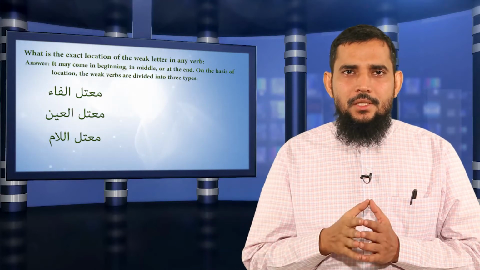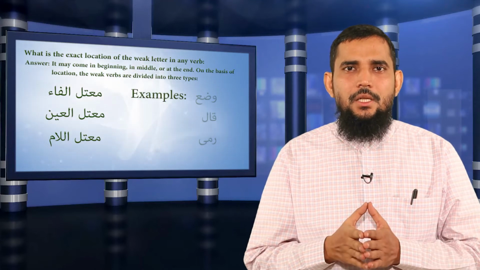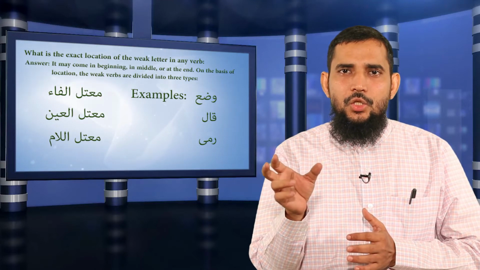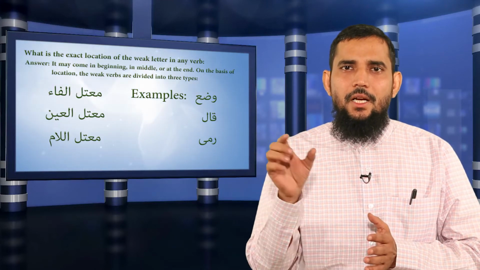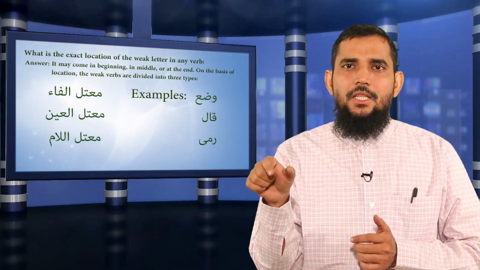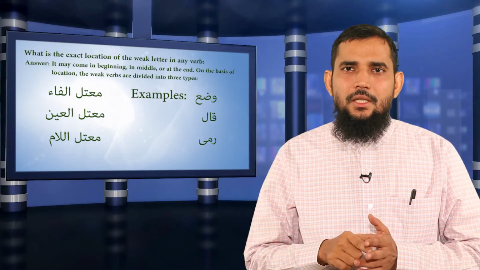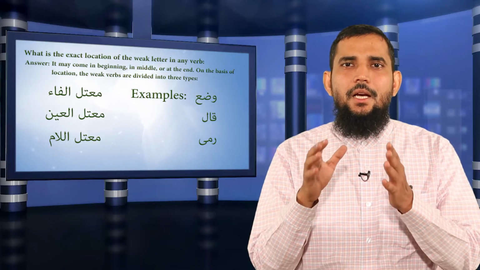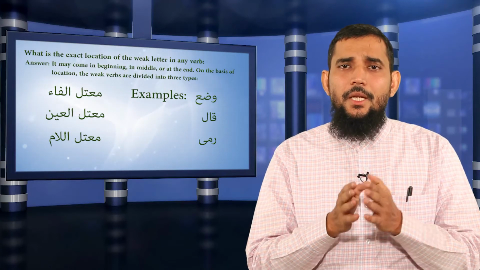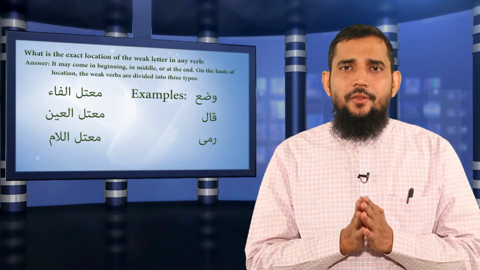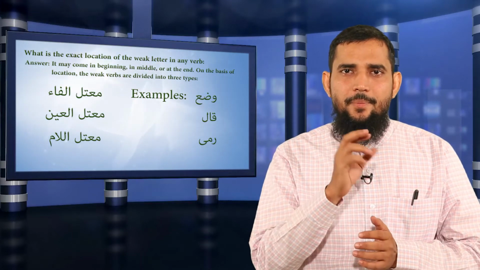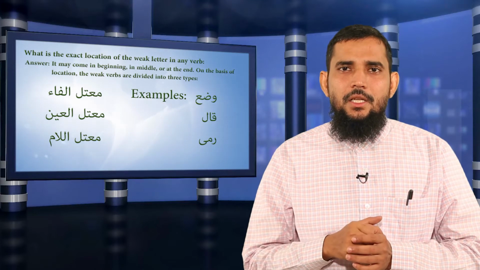Should I give you examples? Yes, sure, I'll give you examples. Waza'a, to keep, to put something somewhere. Waza'a, waw, dad, ain. So waw is a weak letter, and it is coming at the beginning of the verb, meaning the first radical is a harf al-illa, a weak letter. Another example is qala.